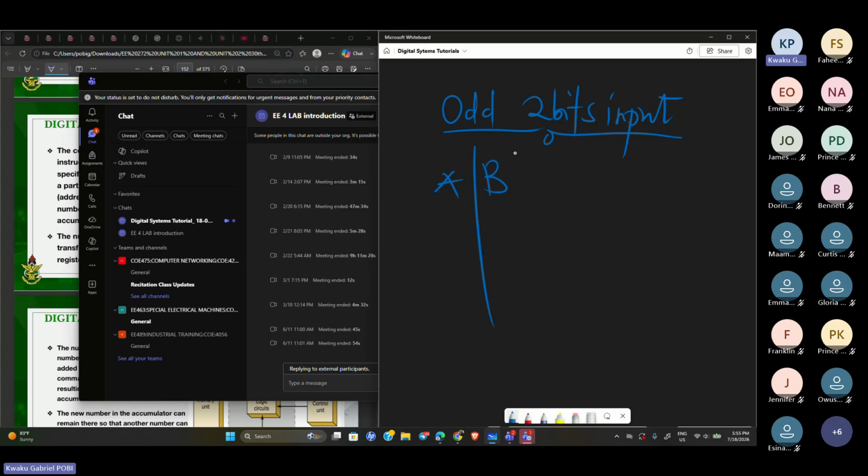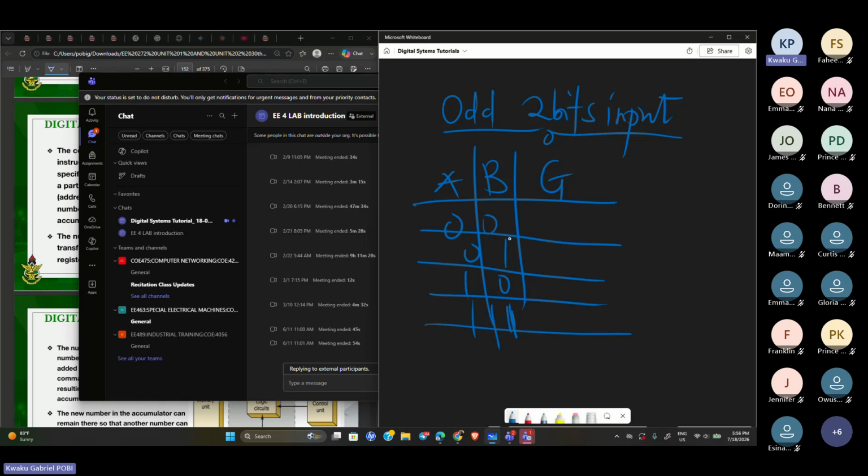Let's say we have A and B: 0 0, 0 1, 1 0, and then 1 1. Now, if you have 0 0, we are saying it should be an odd number of ones. So 0 0 is not odd, so you have to append a 1 to make it odd.